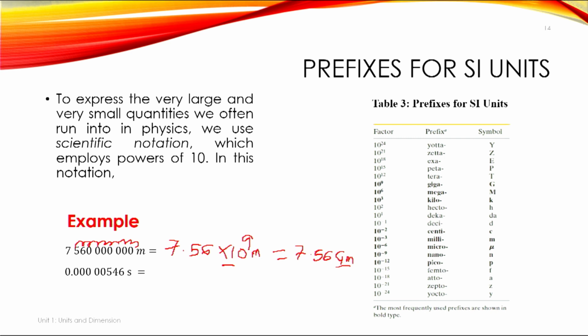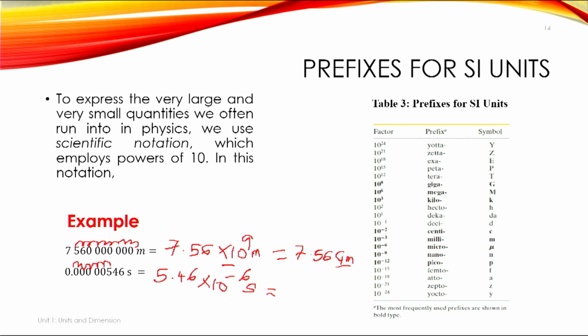So we'll count to the right. Let's do it together. We have 1, 2, 3, 4, 5, 6. So we can stop here as 5.46 times 10 raised to power minus 6 seconds, which is the same thing as dividing 5.46 by 1 million.